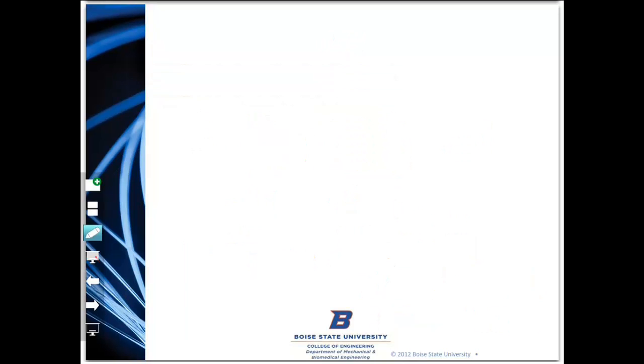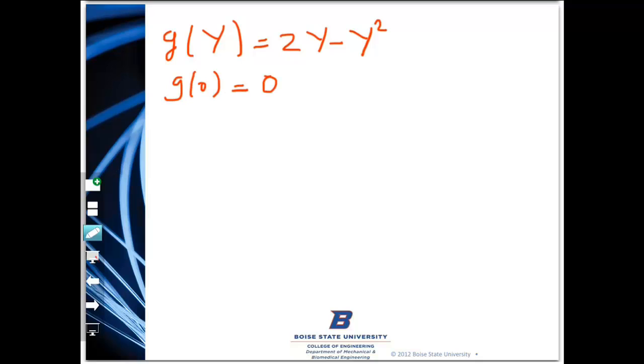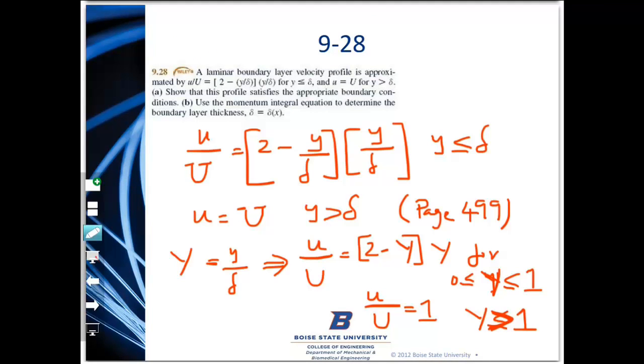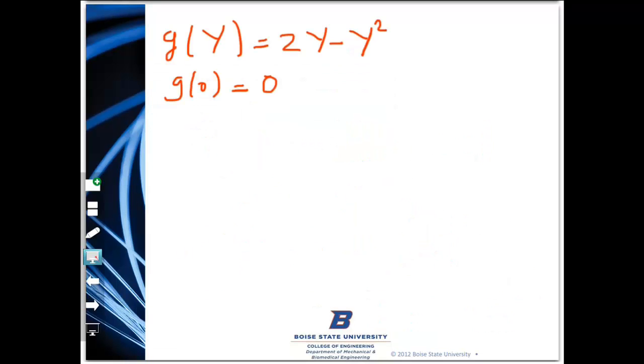Okay, so now you define a function g of Y as 2Y minus Y squared, and g of 0 as 0. Once you get y over delta in terms of big Y, I'm writing this function as g, and it becomes 2 times capital Y minus Y squared.